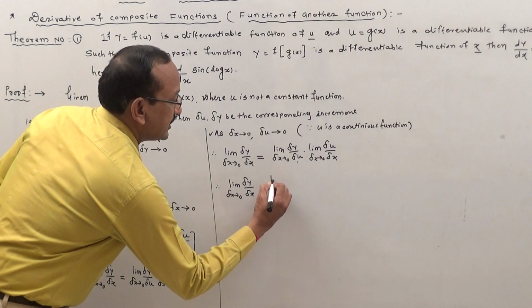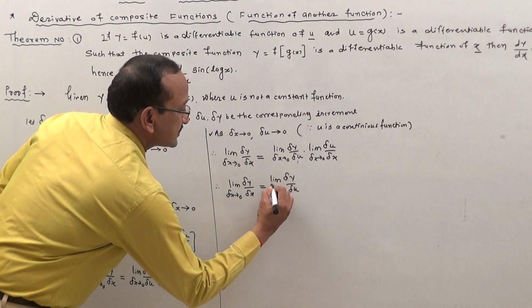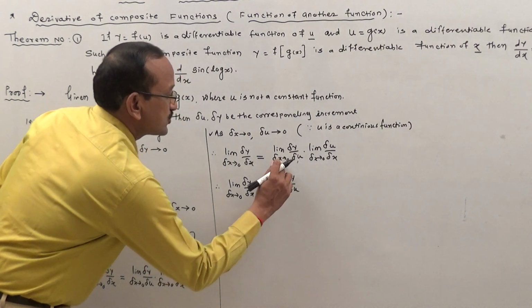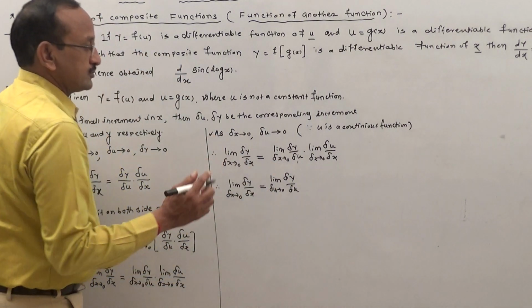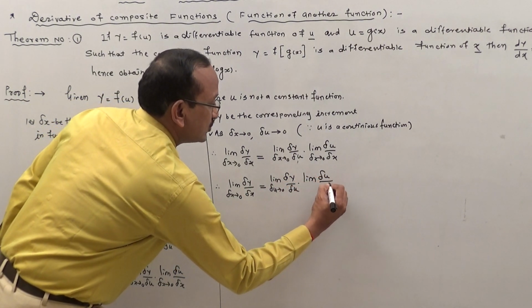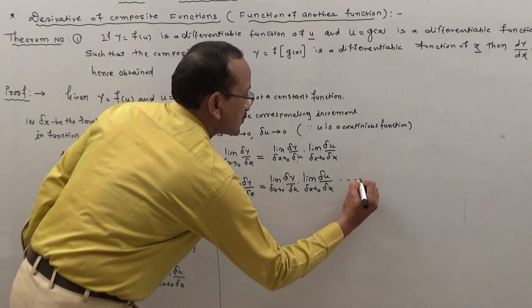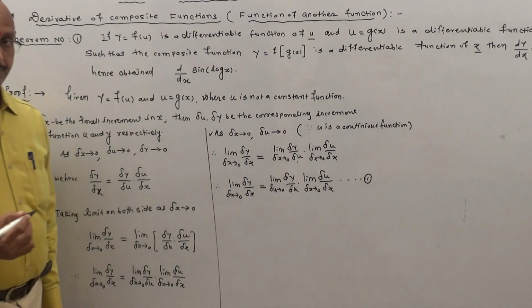Then it is the limit of delta y by delta u as delta u tends to 0 into the limit of delta u by delta x as delta x tends to 0. Give this number 1.